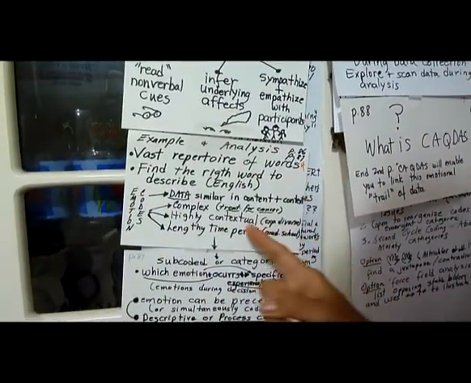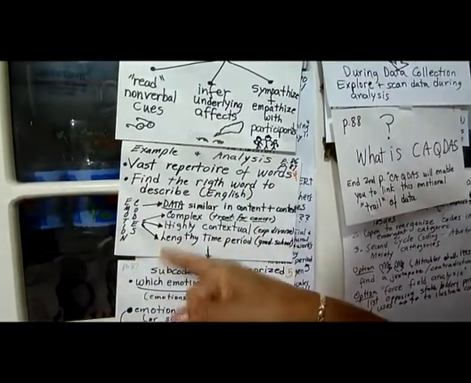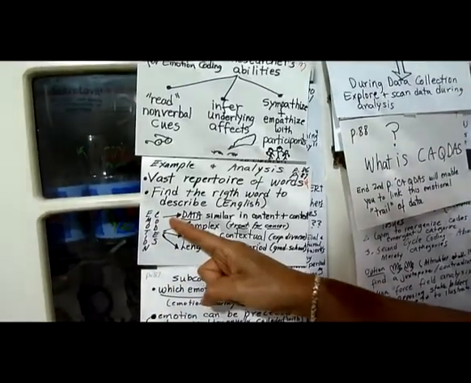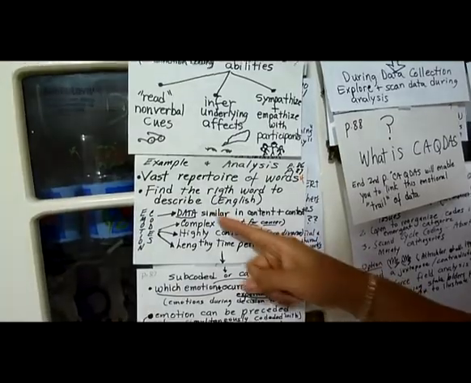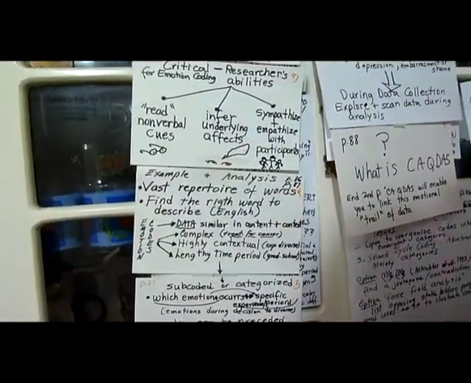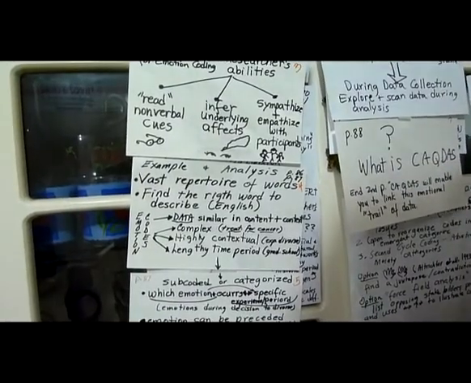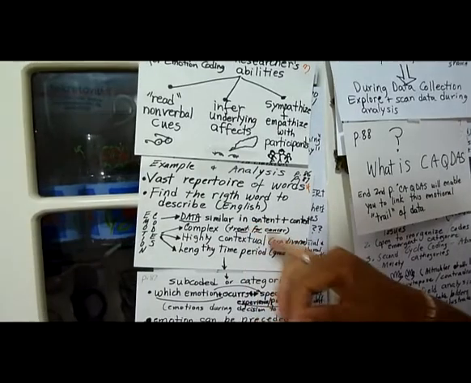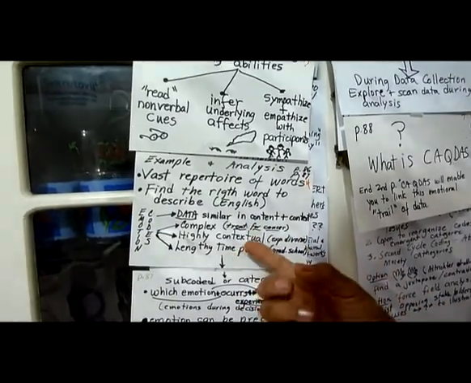Another aspect they mention in this type of emotion coding is that some studies can be simple, like data that's similar in content and context. For instance, the book gives us an example on page 86 about a gay man in his 30s who shares his experiences.